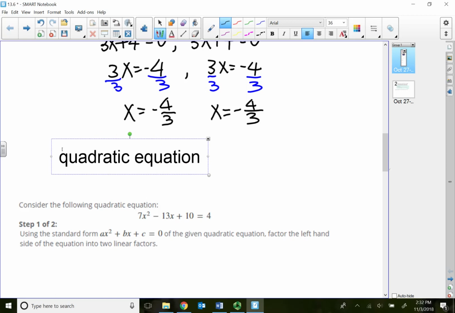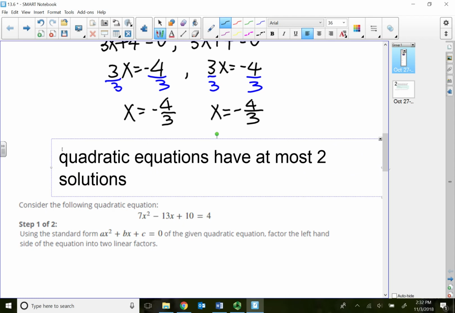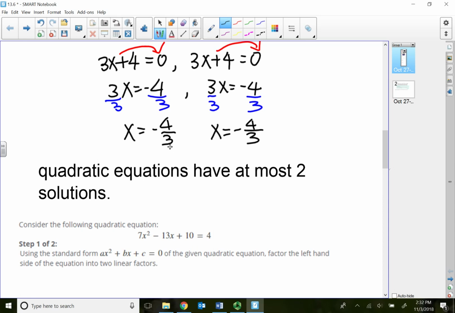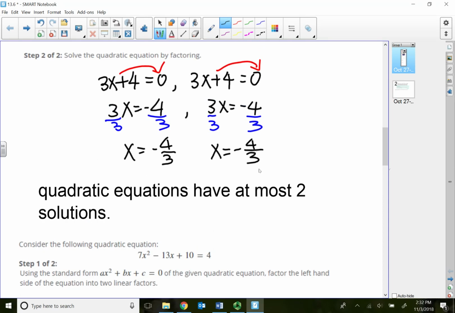A quadratic equation has at most 2 solutions. So that means I can have 2 answers, 1 answer, or I can have no answers. So since these two answers are exactly the same, I only have one solution, which is negative 4 over 3. I have at most two solutions.